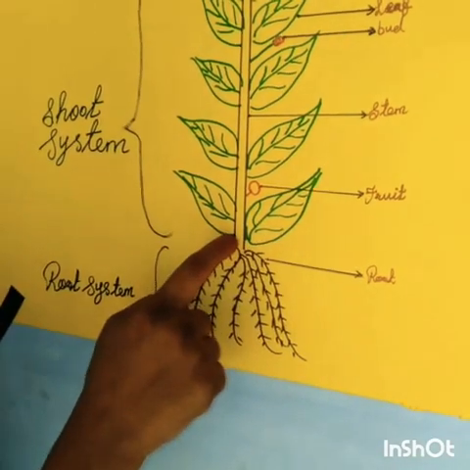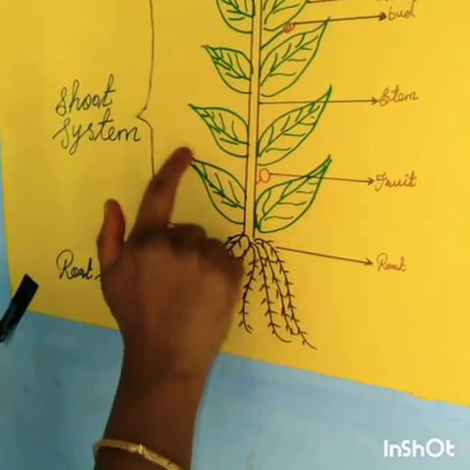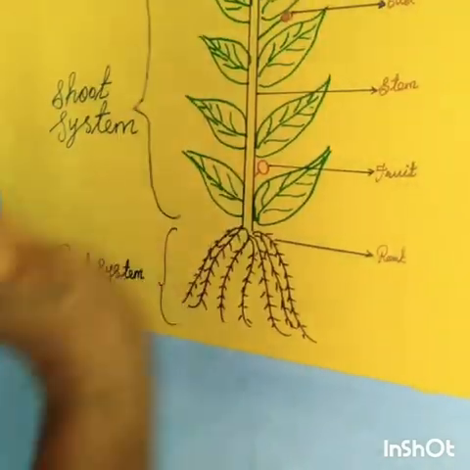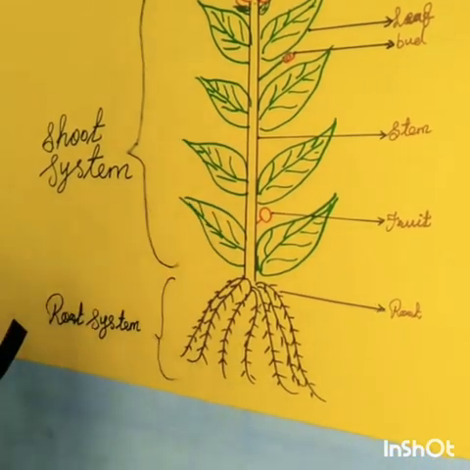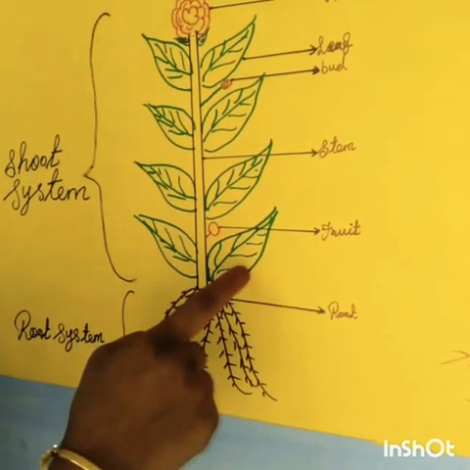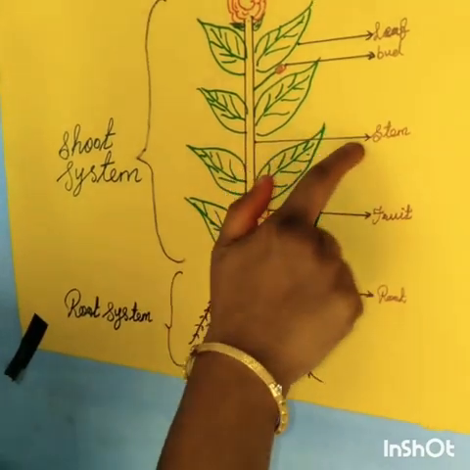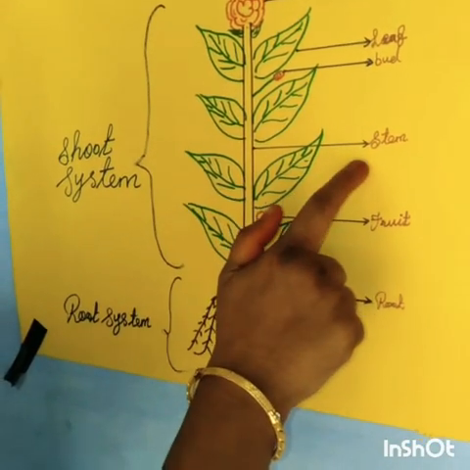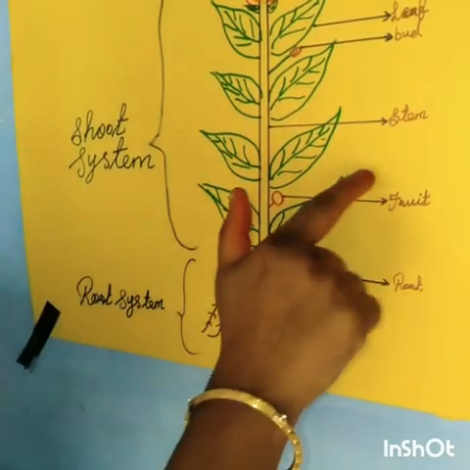Stem supports the branches and leaves and other parts of the plants. Some plants have soft and thin stem. Example, coriander and money plant. Some plants have thick and hard stem. Examples are neem and banyan tree.